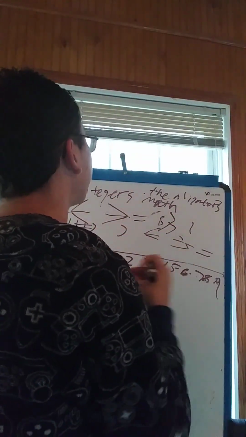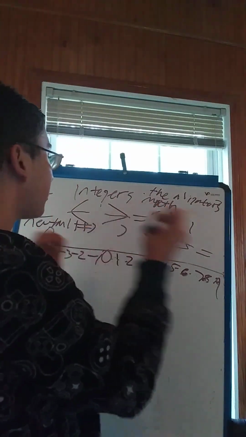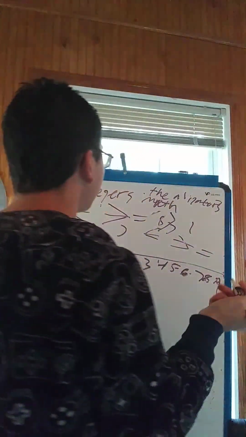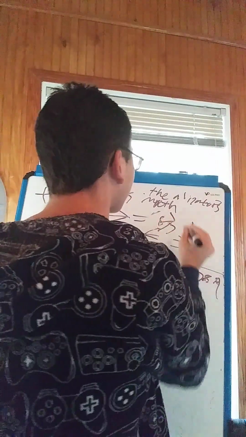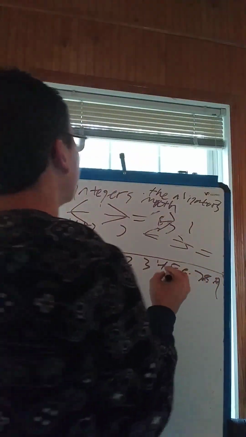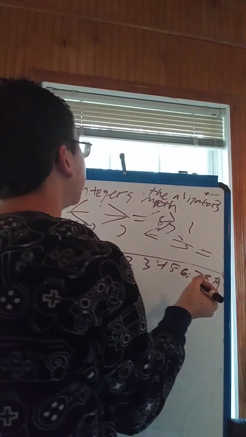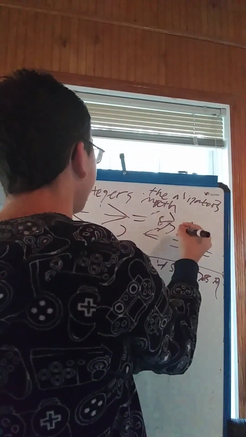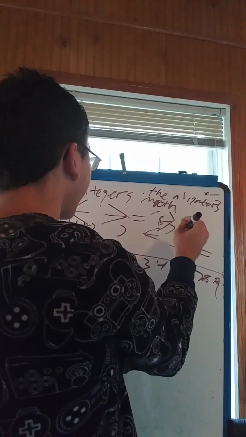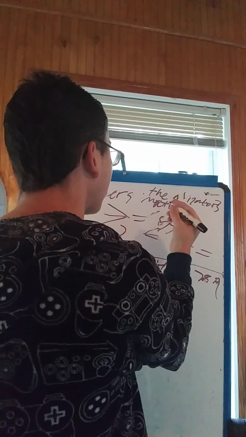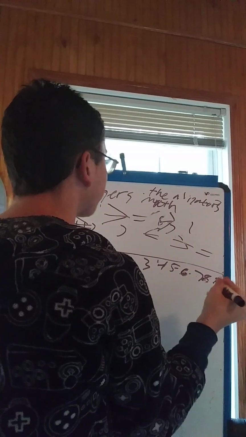You would count from 0 to 8 versus 0 to 1. So that mouth has to go toward the bigger number.